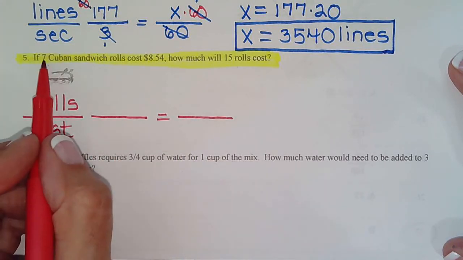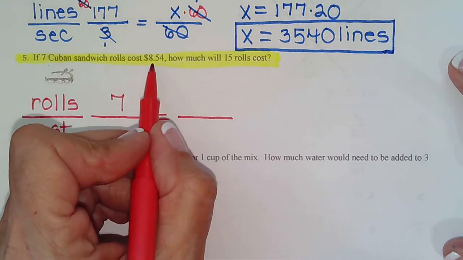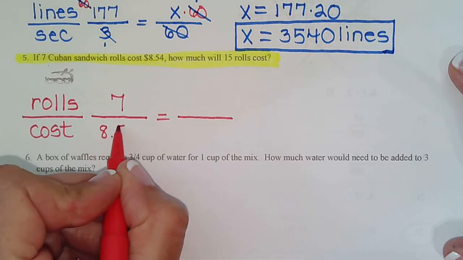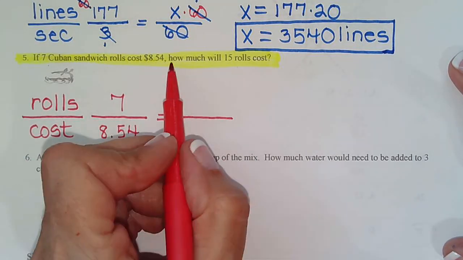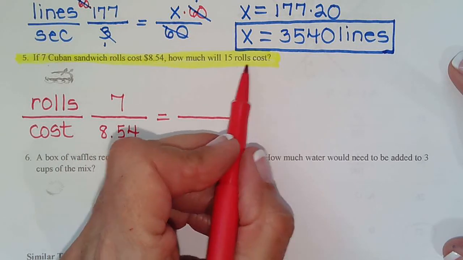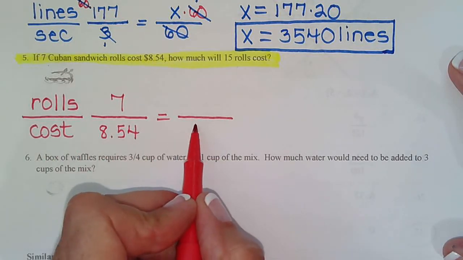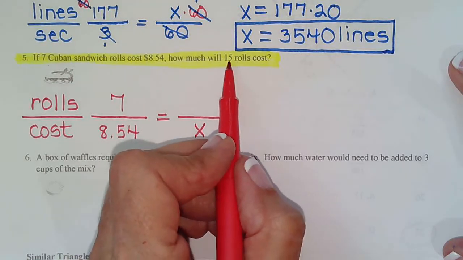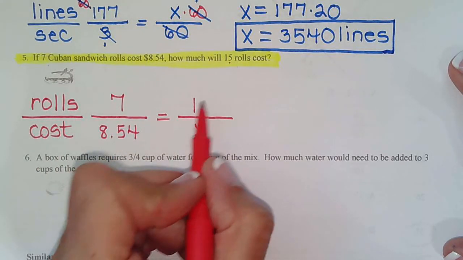So rolls would be 7, cost would be $8.54. Then it says, how much will 15 rolls cost? So how much will they cost means put your X down there. 15 rolls, 15 up here.